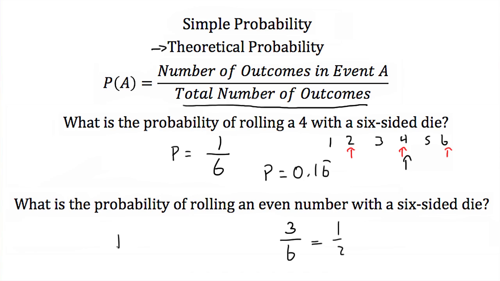So our probability of rolling an even number with a 6-sided die would be 1 over 2, or 0.5. So even though we're talking about theoretical probability, the way we solve for the probability is exactly the same. This is just the theoretical probability because we know every possible outcome of the total number of outcomes.